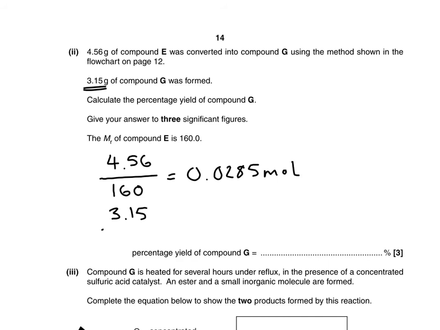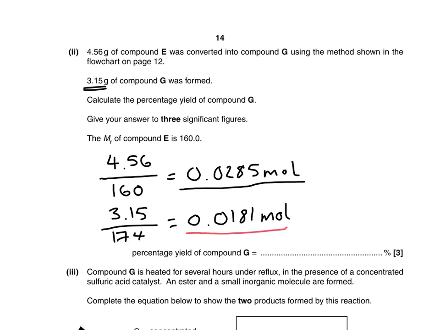This is our mass of G, and the molar mass is 174, which you will have to work out, giving us 0.181 moles. So this is what we would expect to make, because 1 mole of E makes 1 mole of G. But instead, this is what we've actually made.